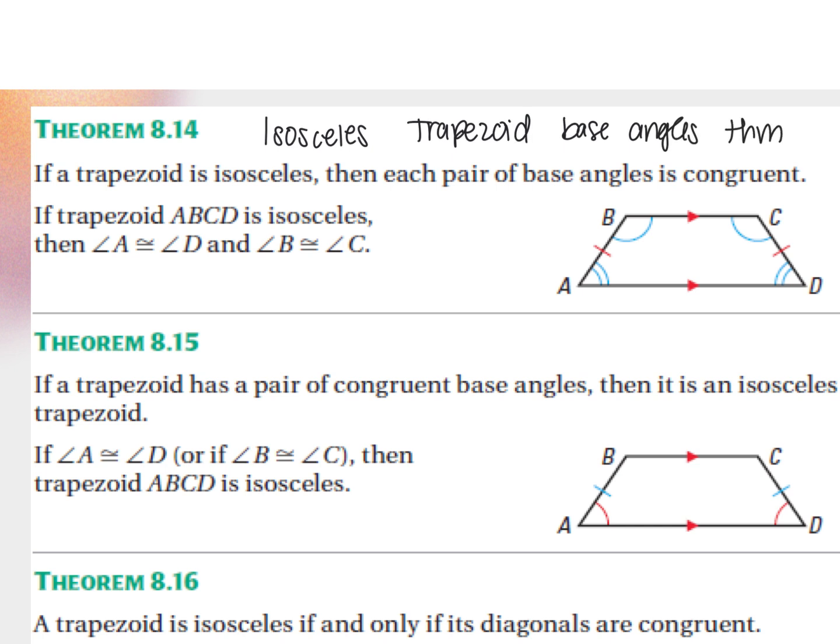Again, if a trapezoid is isosceles, then each pair of base angles is congruent.